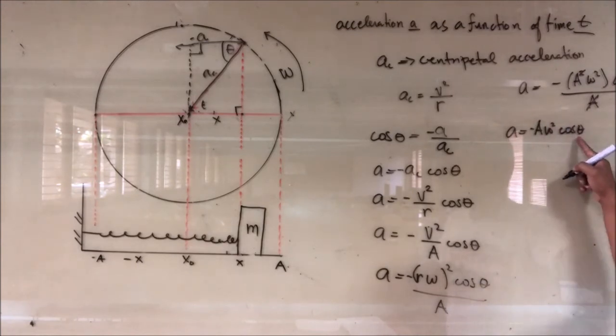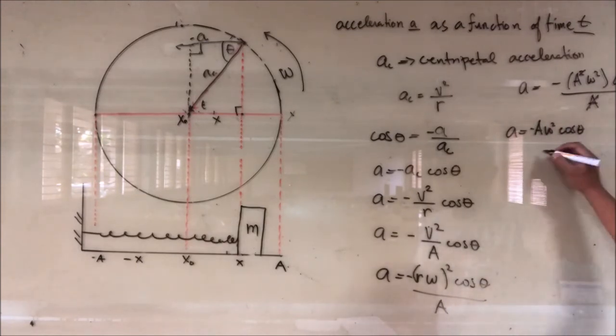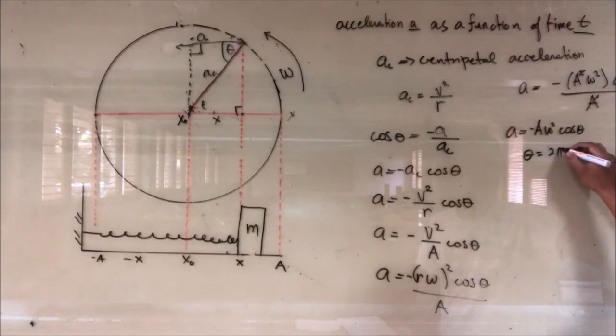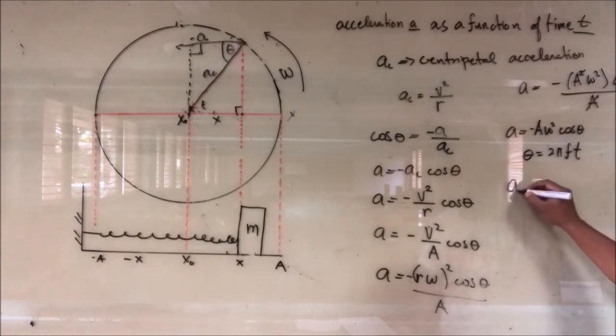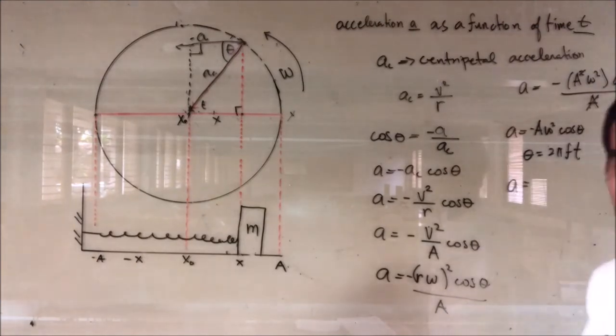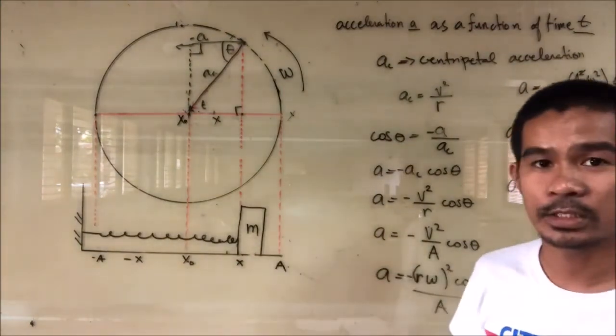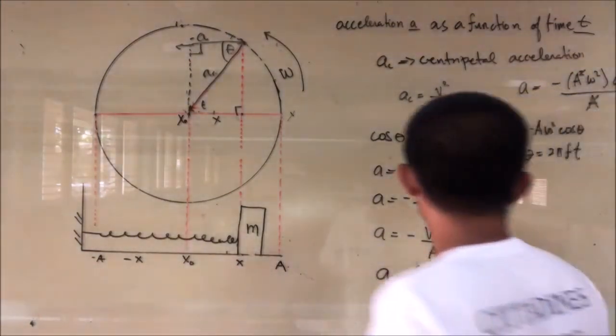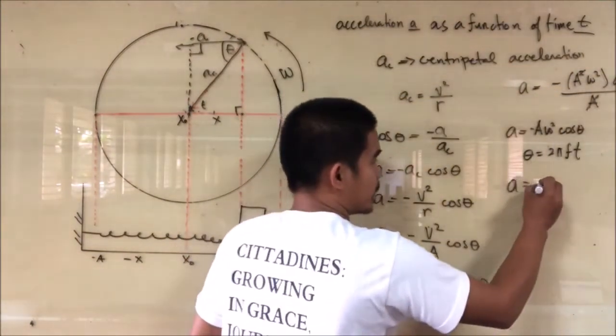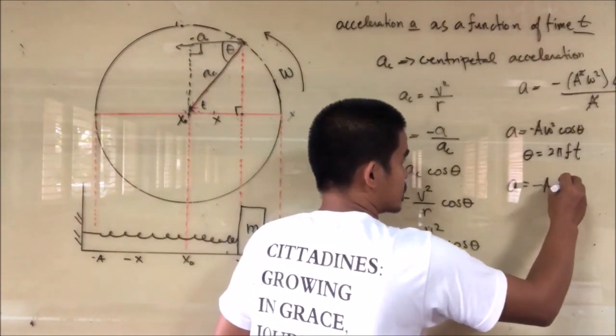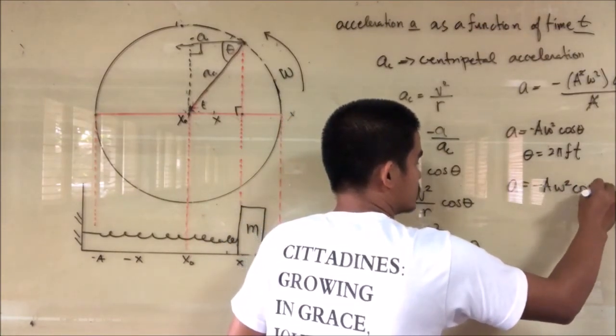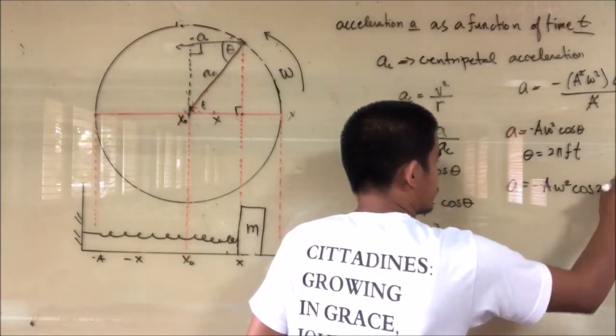So what is this theta? Theta is 2 pi ft. Then the acceleration of an object in simple harmonic motion can be expressed as negative amplitude times omega squared cosine of 2 pi ft.